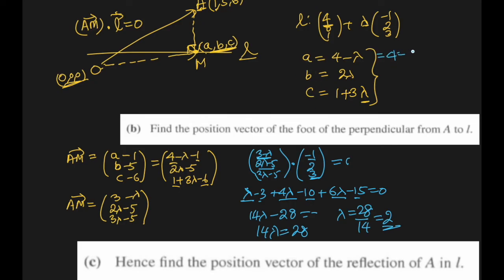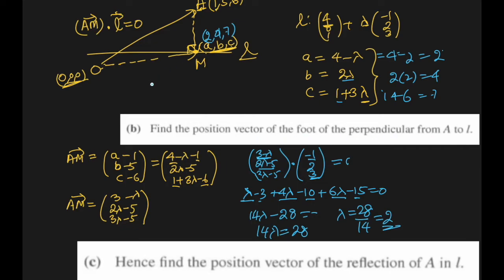4 minus lambda is now 2, which is 2. 2 lambda is 2 times 2, 4. And 1 plus 3 lambda, 1 plus 3 times 2 is 7. So 2, 4, 7. They are the coordinates of A, B, C. However, they asked for the position vector of the foot of the perpendicular.